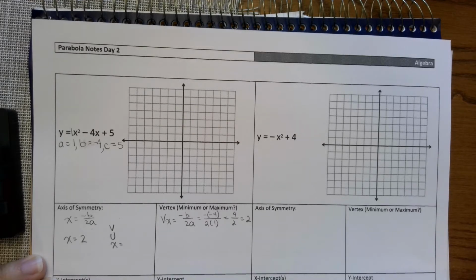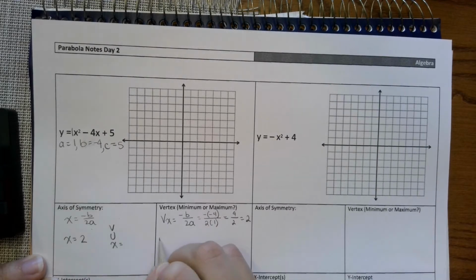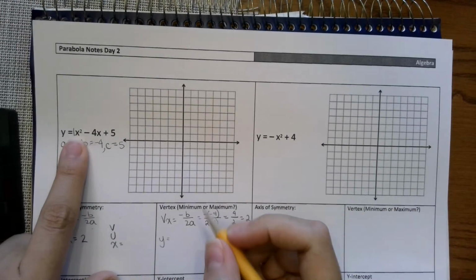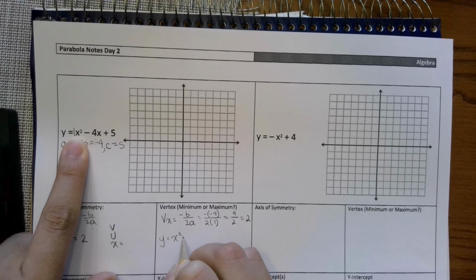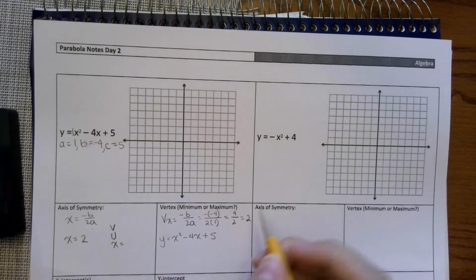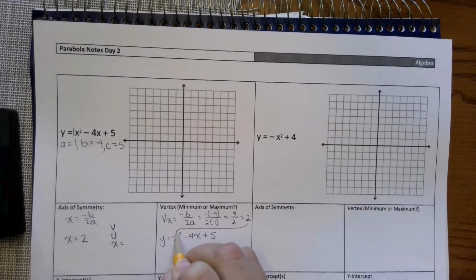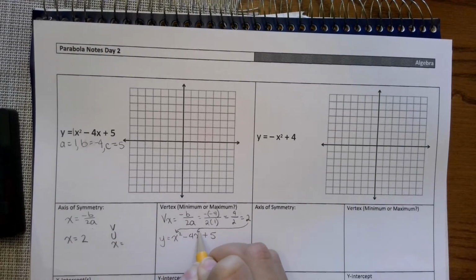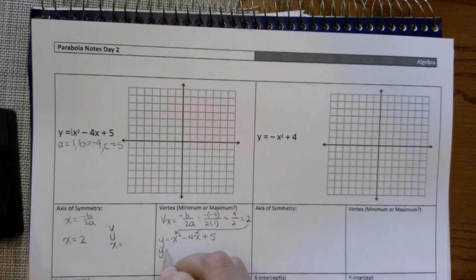Okay, so to find the y value of our vertex, you're going to take that x value you just found and plug in for x in the original equation. So I'm going to take this 2 and plug it in for x in my original equation to solve for y.